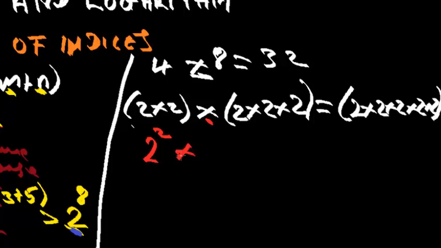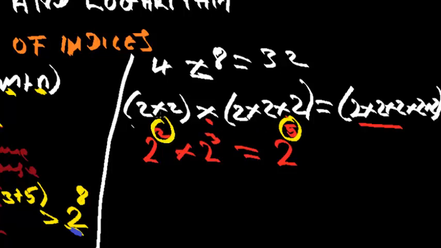So we have times, then 2 multiplying itself 3 times, so we have 2 exponent 3, and then the answer is 2 multiplying itself 5 times, so we have 5 from here. Right, so by observation you can see that the exponent of the answer is 5, and this 5 is the same as just adding 2 to 3, and you get the 5. And know that the bases are the same throughout.